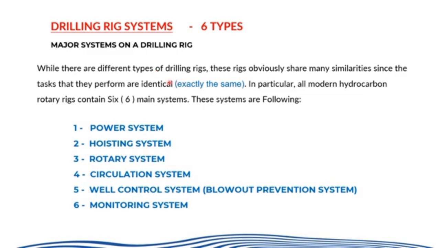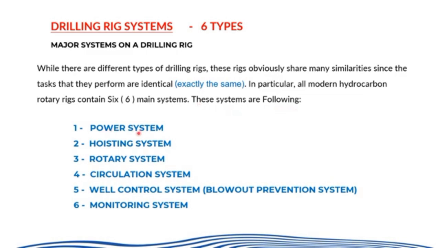But all the rigs work similarly. Most of their equipment is the same, and most of their operating procedures are the same. These rigs obviously share many similarities since the tasks they perform are identical. In particular, all modern hydrocarbon rotary rigs contain six main systems, and these systems are the following.